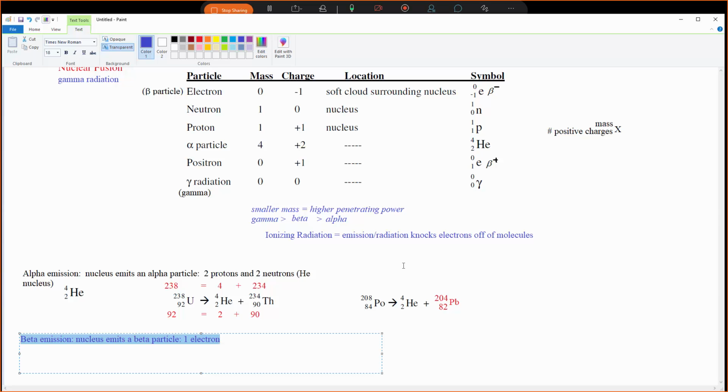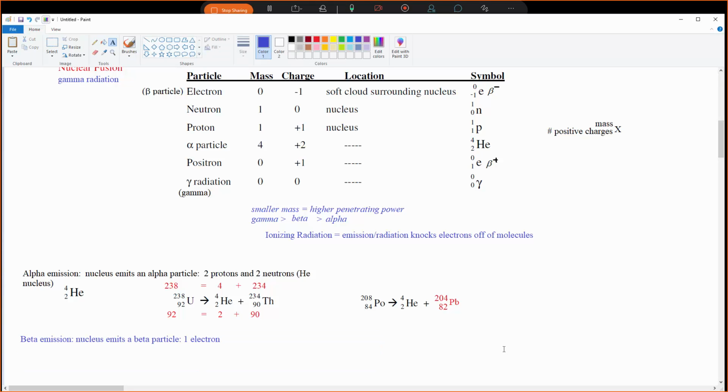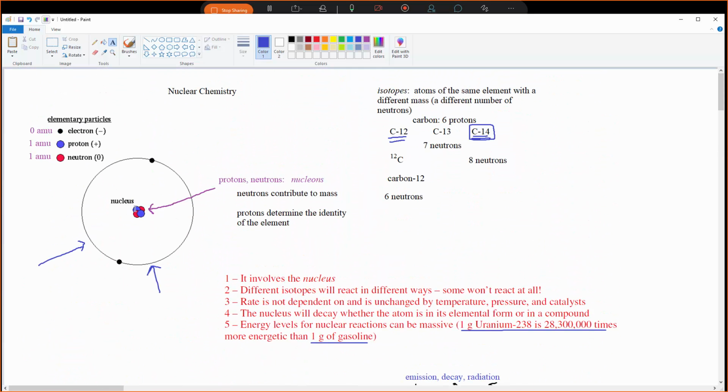At this point, you should all be very concerned, because I'm telling you that the nucleus is kicking out an electron. You might say, hang on a second. Wasn't the fundamental thing we learned that the electrons are out here and there aren't any electrons in the nucleus?